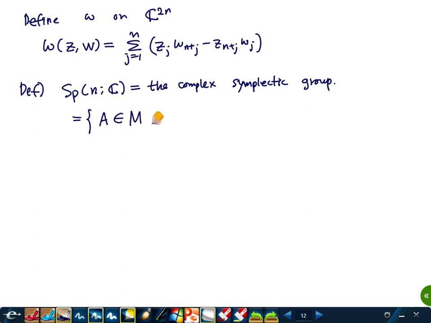As a set, it's a set of 2n by 2n complex matrices preserving this bilinear form. So it's exactly the same: omega of Az, Aw equals omega of z, w for all z, w.